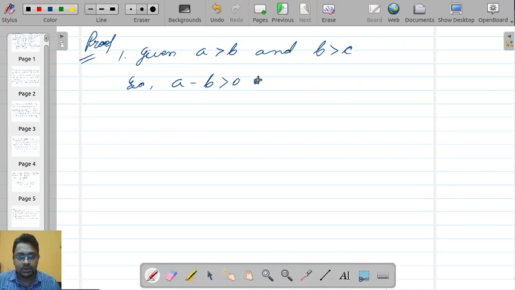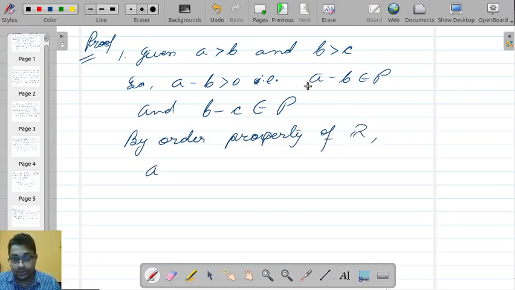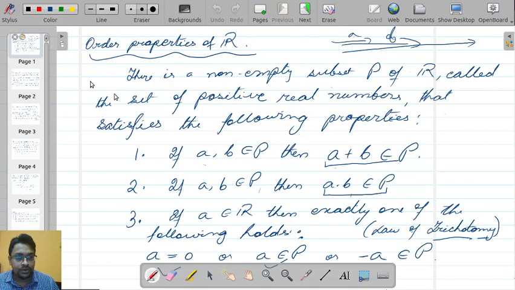And B minus C also belongs to P. So by the order property of R, these two are elements of P, and by the order property, what was the order property?